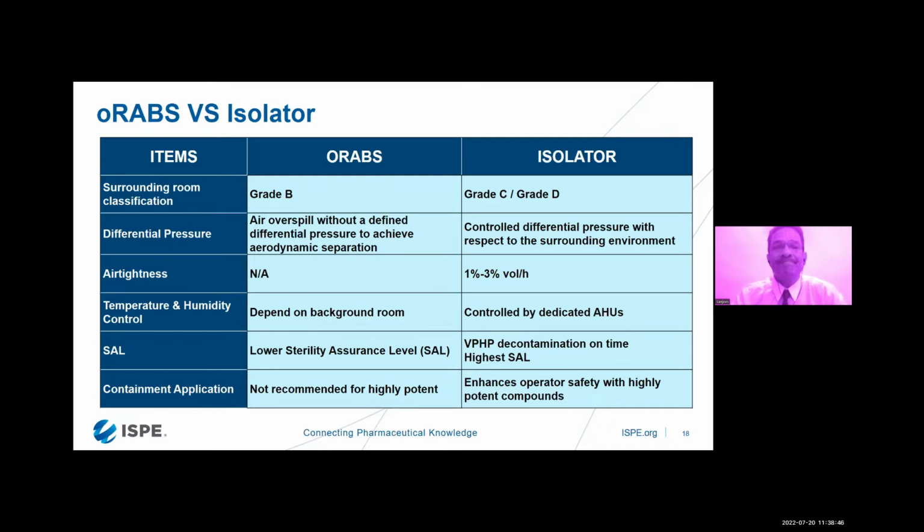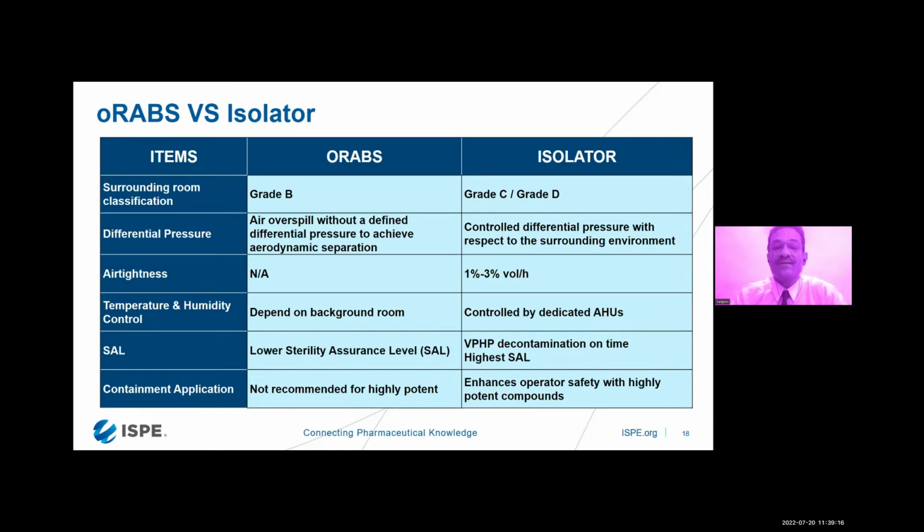So normally, when you are having a cold chain product, you can reduce the temperature, you can adjust the humidity in order to avoid the sweating happening during the filling activity. So you'll be having much better control because there will be an overpressure, there will be filtered air coming in from the dedicated AHU. You can control your temperature, you can control your humidity. So you can work as per the requirement of your product.